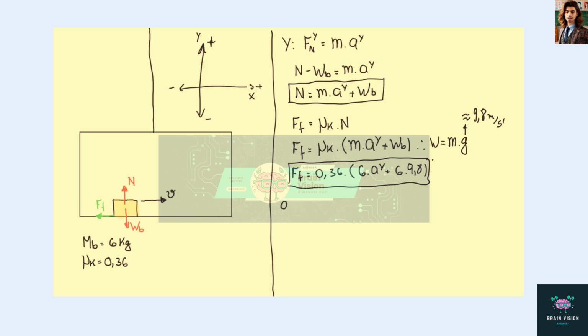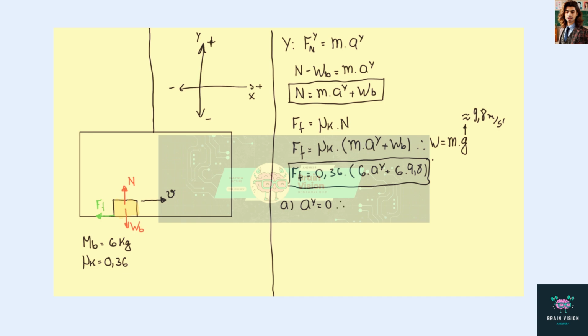For the first item, the elevator is stationary. So, in this situation, the vertical acceleration of the box is equal to 0, because the elevator is stationary, so the box is also stationary on the vertical axis. It still moves on the horizontal axis.